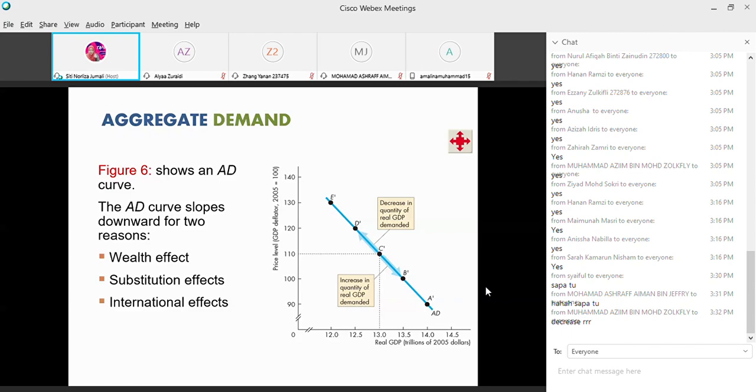Okay, what about substitution effect? Same as just now, when the price level increases. So now you are Malaysian. This is not China, okay. You can listen, but I'm using Malaysia as an example, and it has to do with you later.